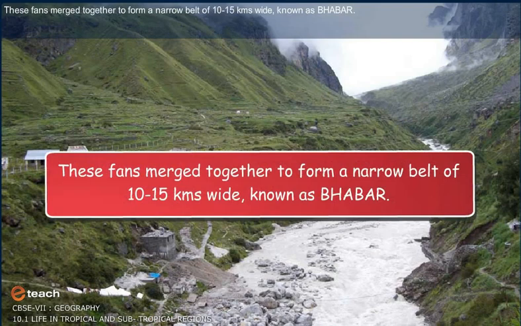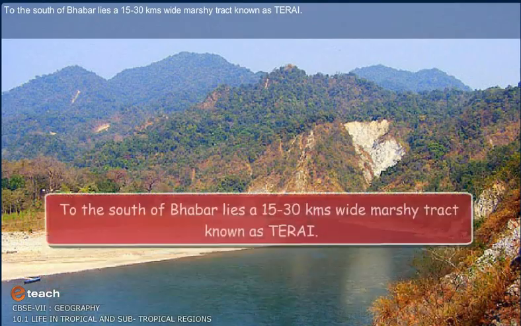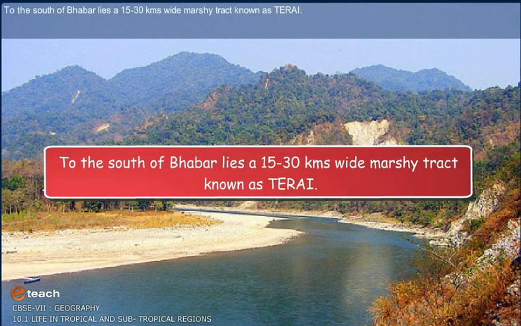These fans merge together to form a narrow belt of 10 to 15 kilometers wide, known as Bhabar. To the south of Bhabar lies a 15 to 30 kilometers wide marshy tract known as Terai.